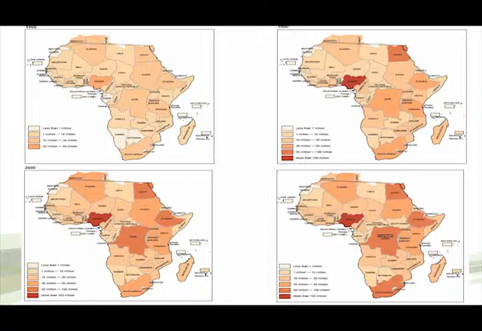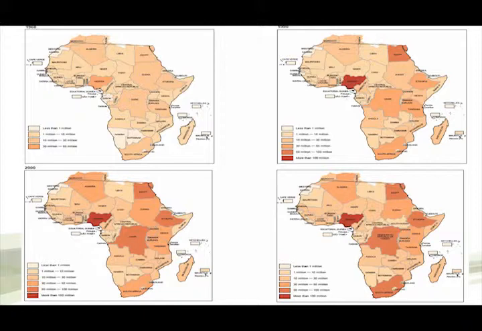Then the population. Let me just get my notes on population. It has grown rapidly over the past century, and because of a low life expectancy of below 50 years in some of the African countries, Africa now has a very large youth population.